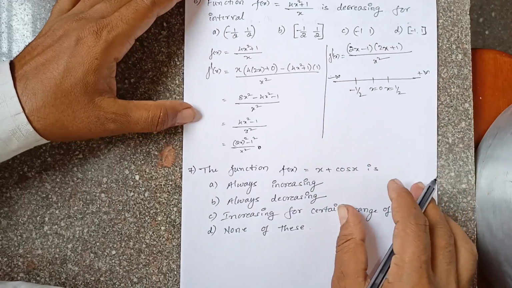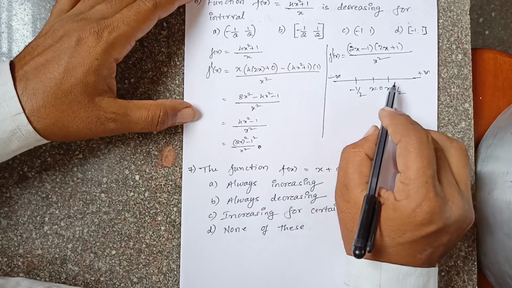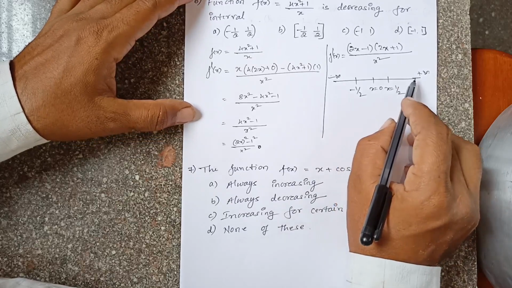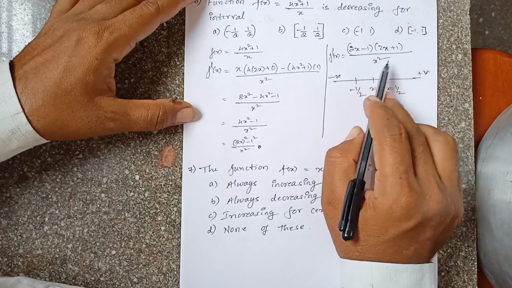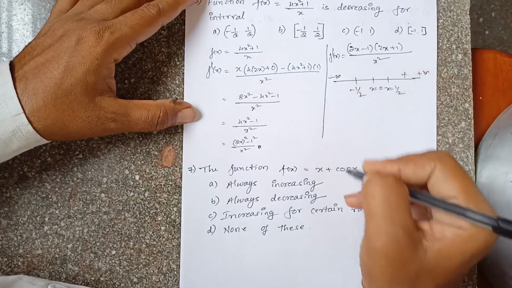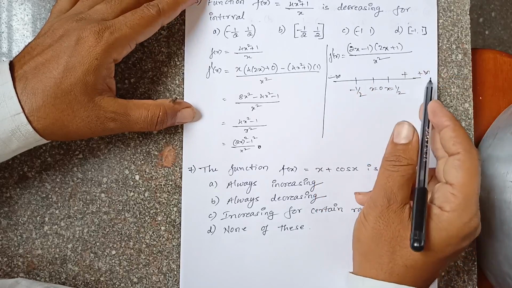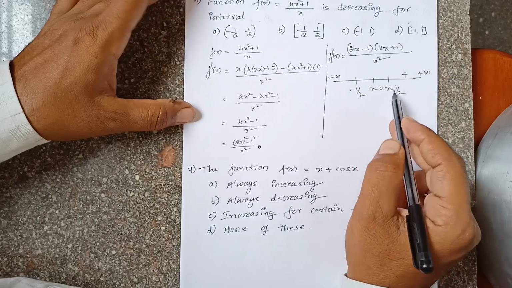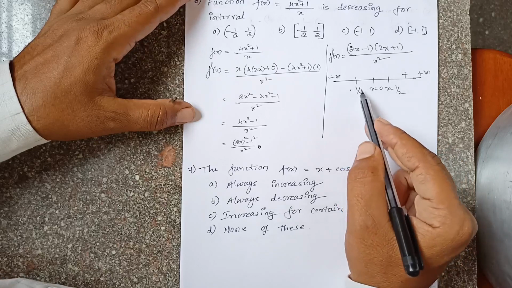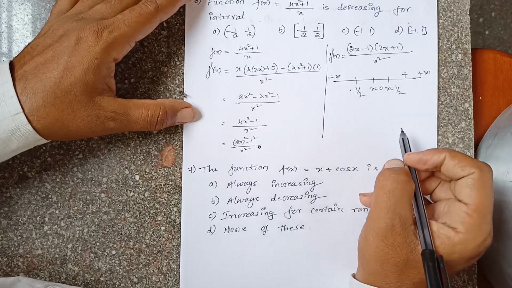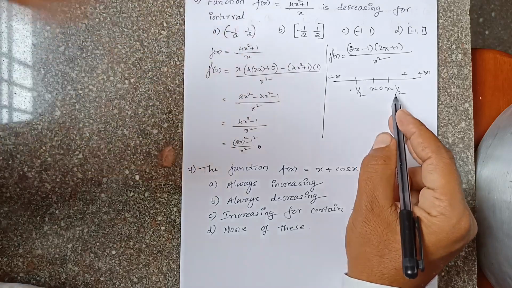Let us check which intervals are decreasing. If we take the interval 1 by 2 to infinity, let us check the point x is equal to 1. Both factors are positive, so it is increasing in the interval 1 by 2 to infinity. Next, check the interval minus 1 by 2 to plus 1 by 2.